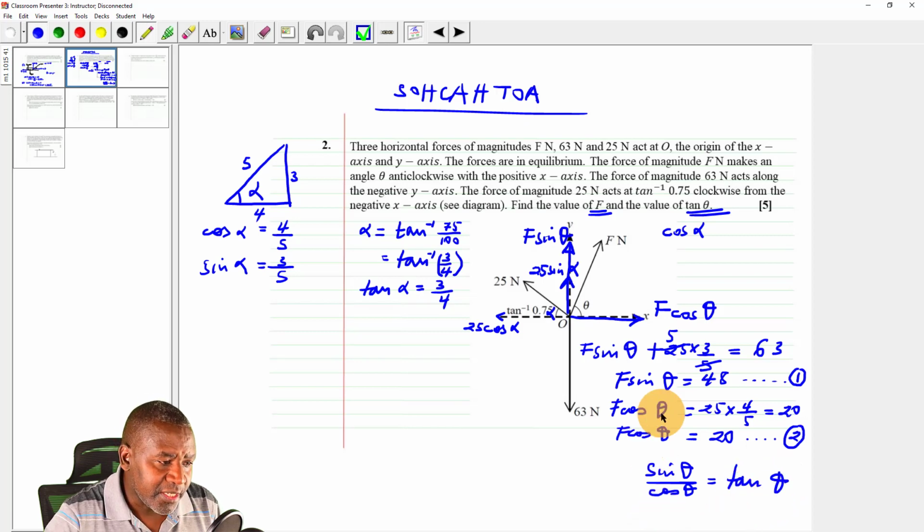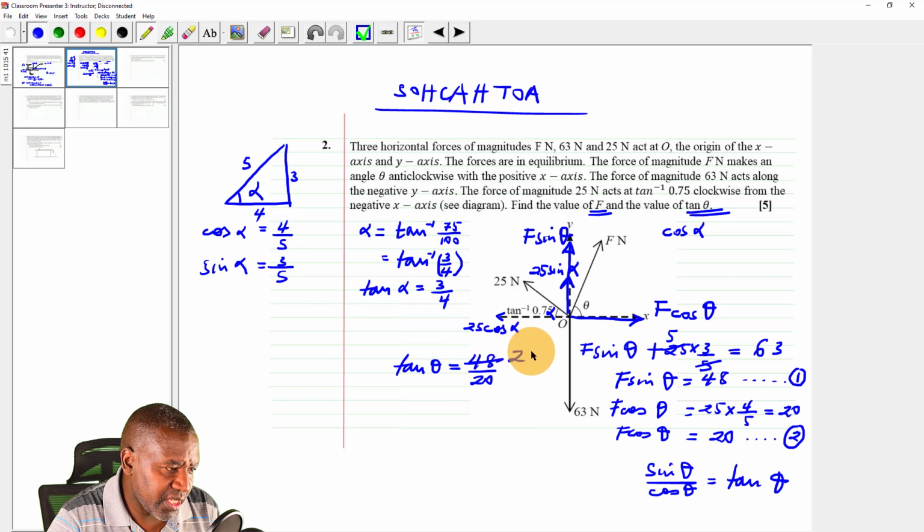So if I divide this equation by this equation, I can get tan theta, because F and F will cancel out, and therefore tan theta is equal to 48 over 20. I can cancel out by 2, I get 24 over 10, and I'm going to find that tan theta will be 2.4.